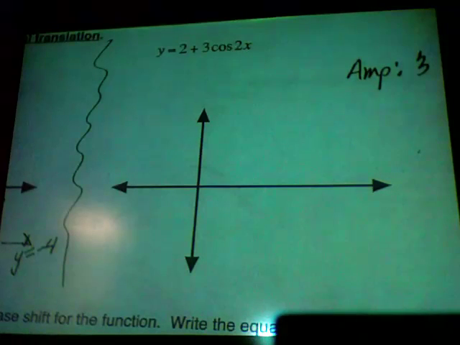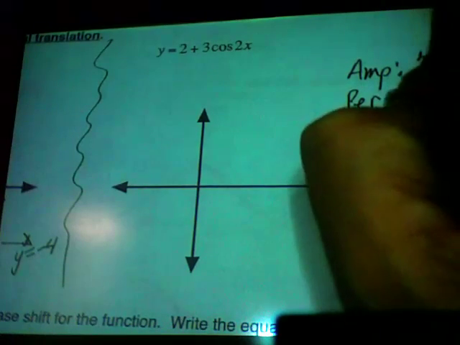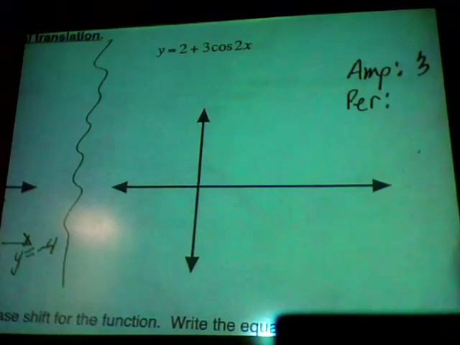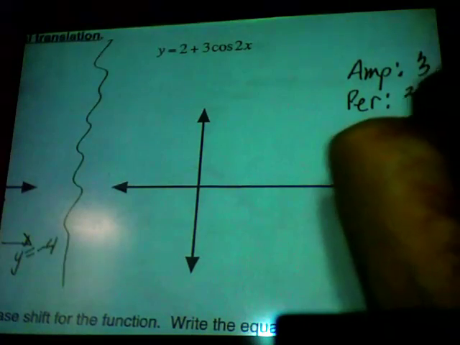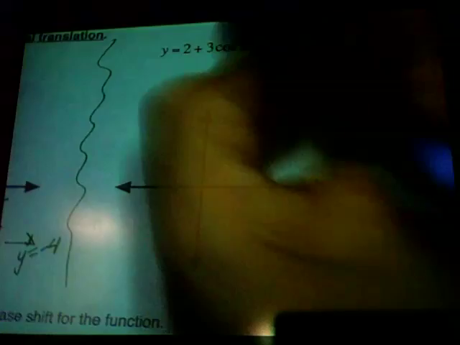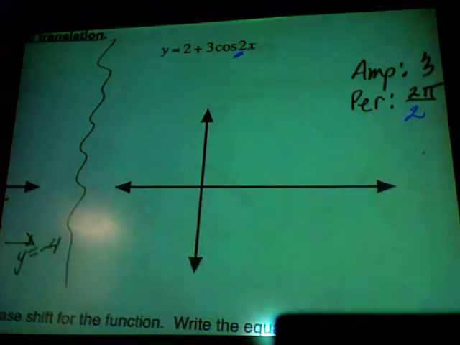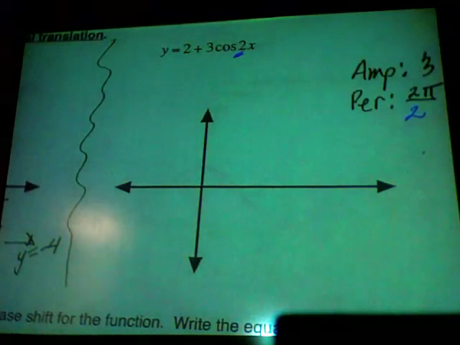Now, what's the period? The normal period is what? 2 pi. What's in front of x? 2. I have to take that 2 and divide it into my normal period. So what's in front of x doesn't tell you what your period is. You use it to divide into 2 pi. So you're right. The period is now pi.